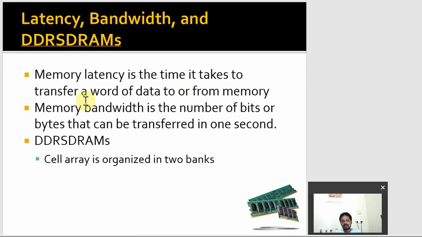Memory bandwidth is the number of bits or bytes that can be transferred in one second. So what is meant by bandwidth? Bandwidth is nothing but the number of bits or bytes that can be transferred in one second.